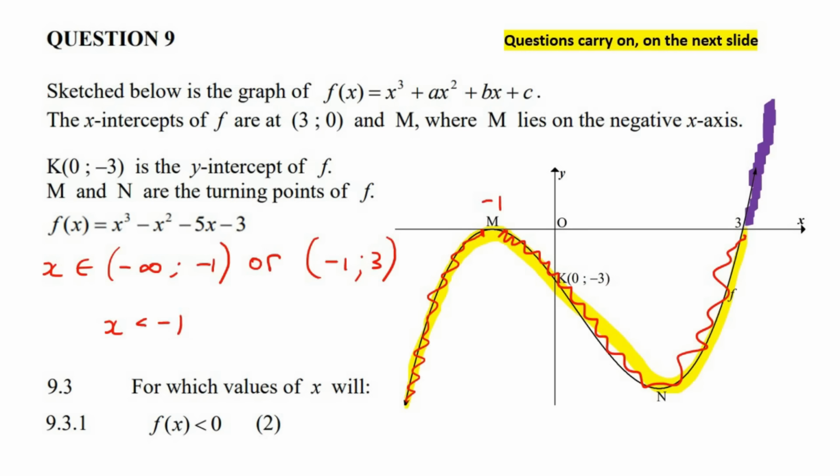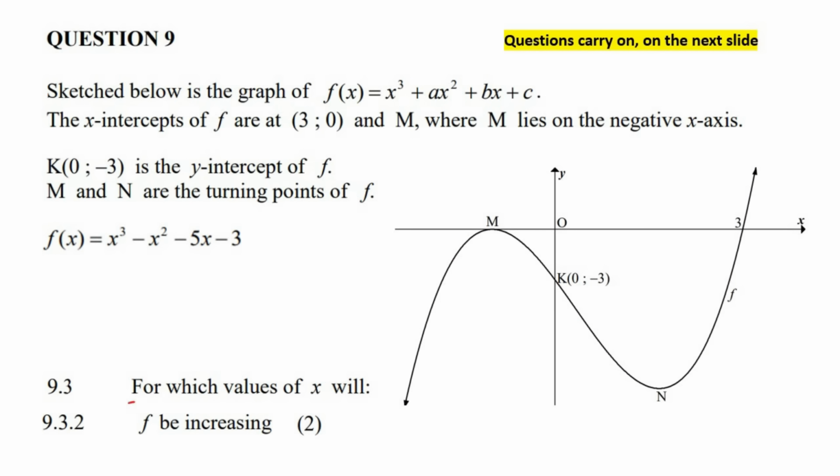Okay, that's the same as saying that. x is anything smaller than negative 1, or x is any number that is bigger than negative 1, but smaller than 3. And that's the same as that part. You're even allowed to say that x can be any number that is smaller than 3, but just don't let x equal negative 1. You could even say that if you wanted to. Okay.